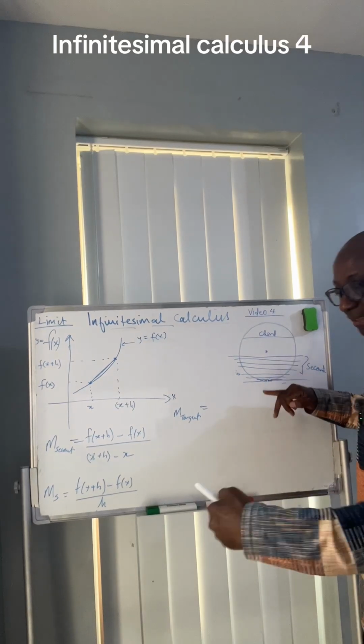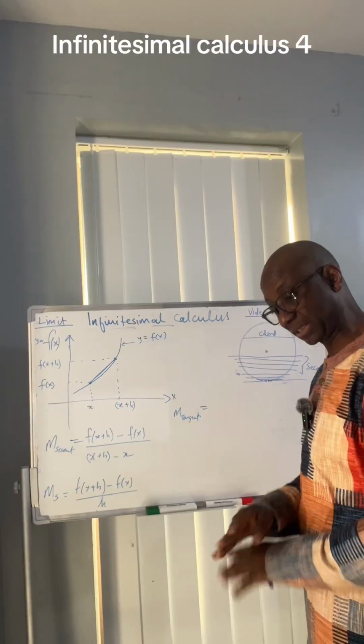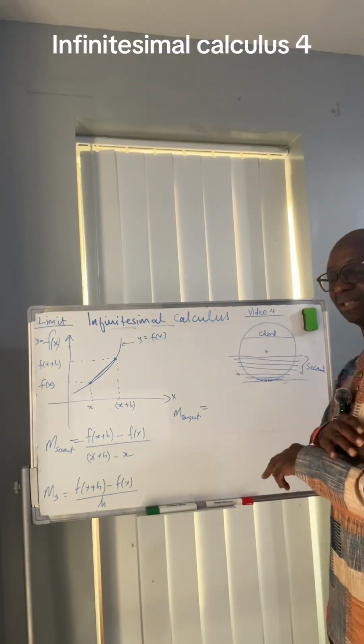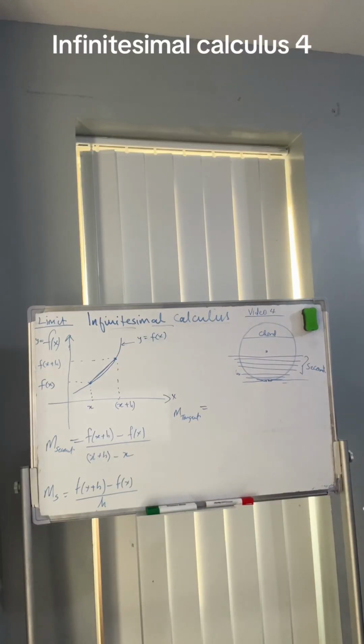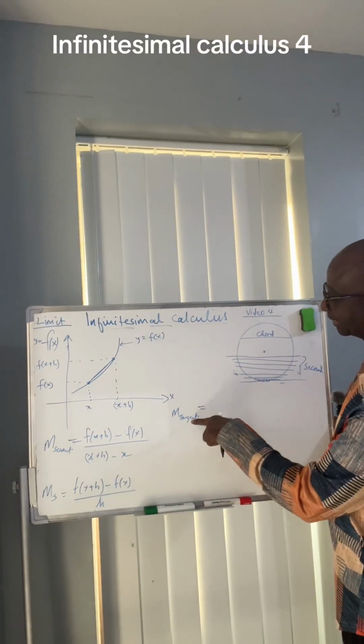Something instantaneous is zero there: time is zero, or if you are talking about distance, it is zero. So when h approaches zero, we have the tangent.